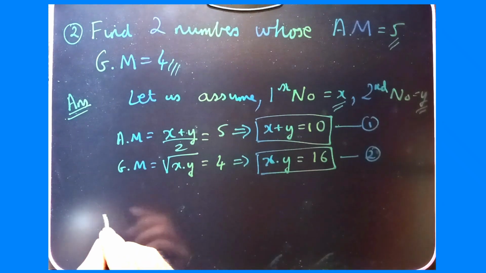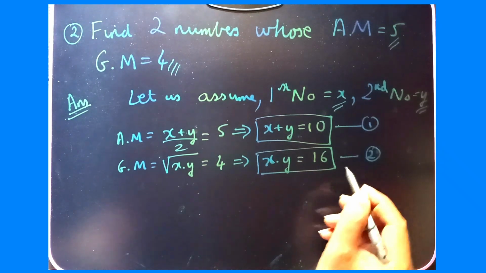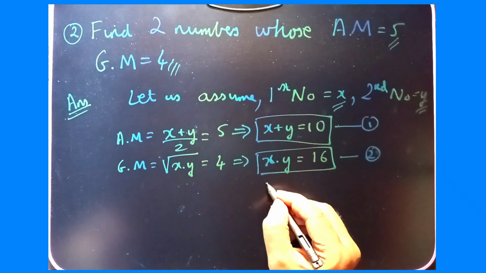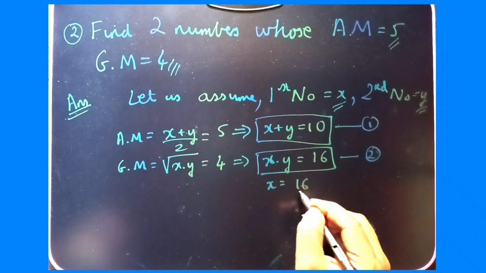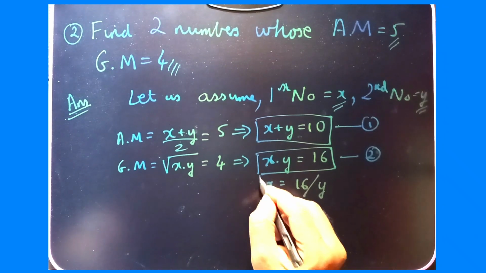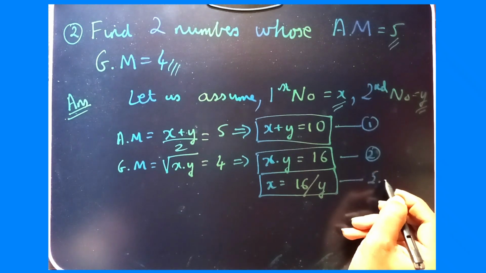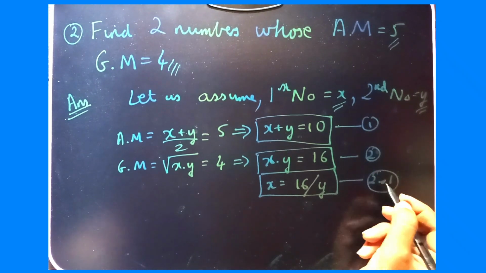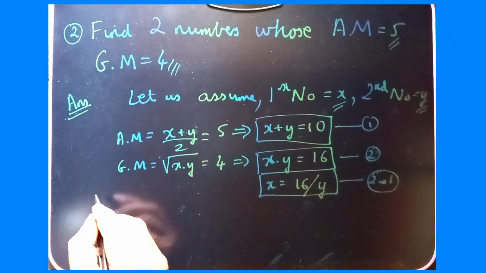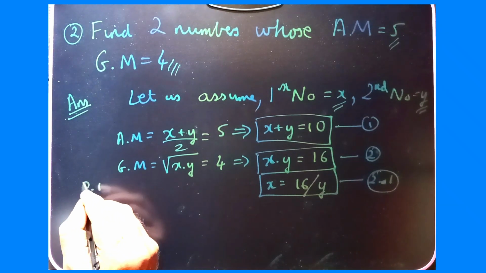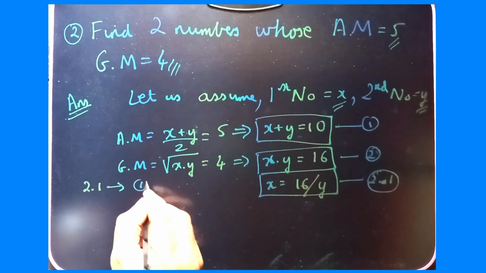Okay, so from these two expressions we can take the second expression and say x is equal to 16 by y. You can rearrange it as this expression, right? So now put 2 in 1.